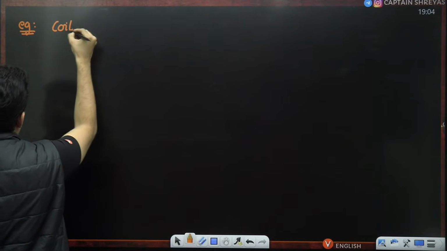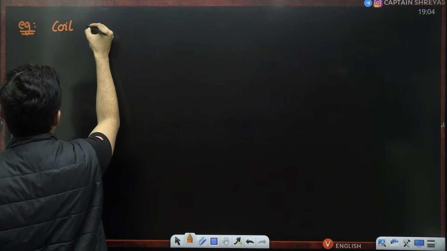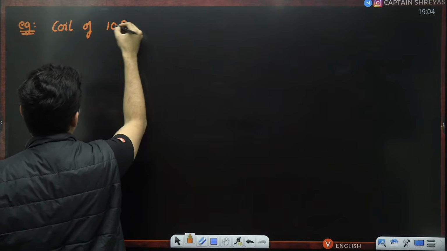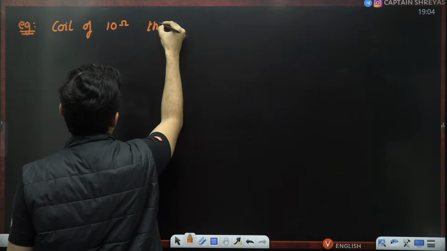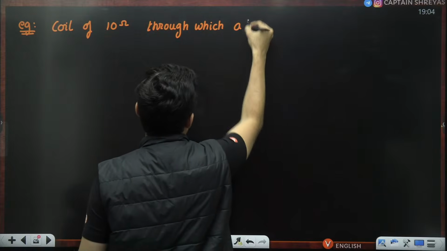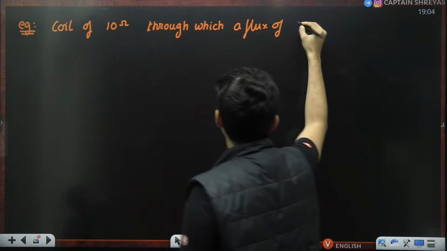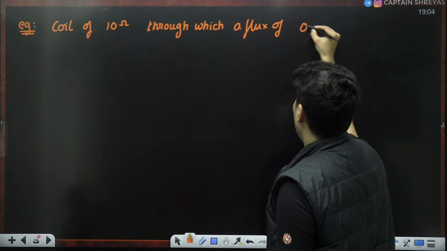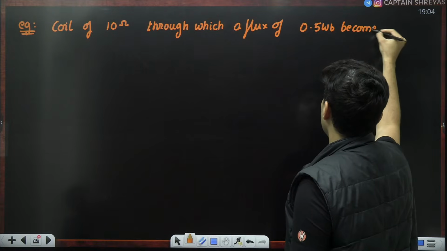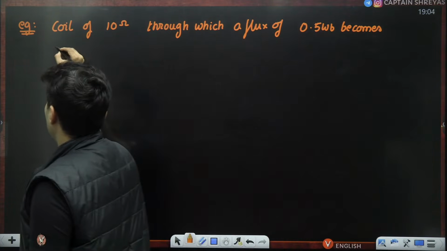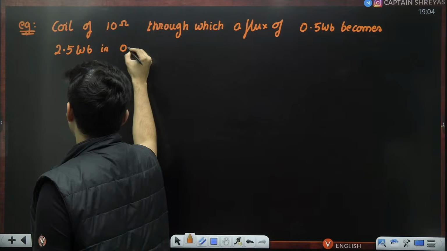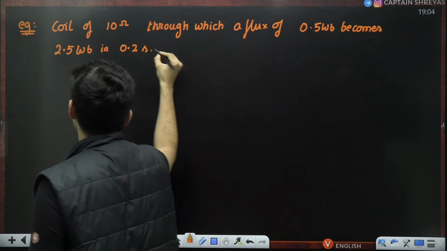There is a coil of, let's say, 10 ohm resistance, through which a flux of 0.5 Weber becomes 2.5 Weber in 0.2 seconds.